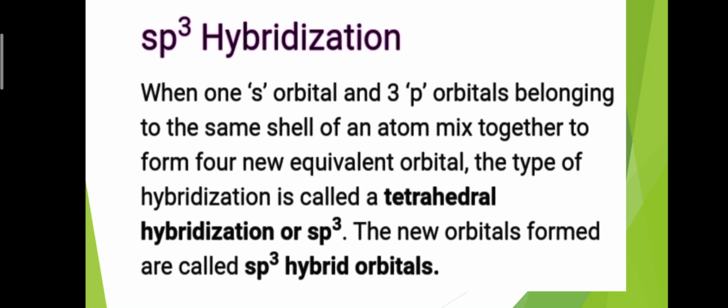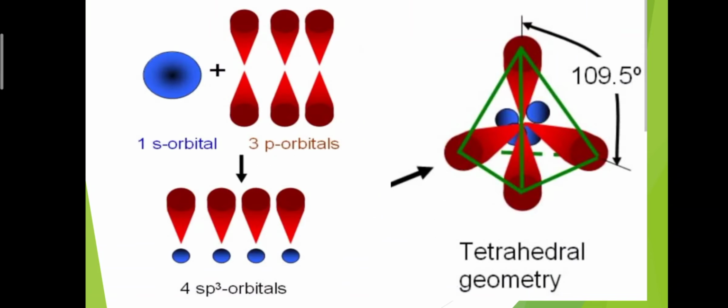An atom mixed together to form 4 new equivalent orbitals. The type of hybridization is called tetrahedral hybridization or sp3 hybridization.